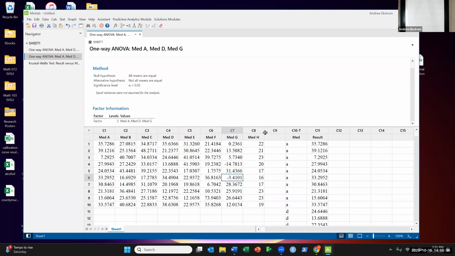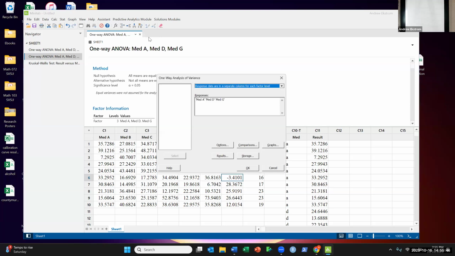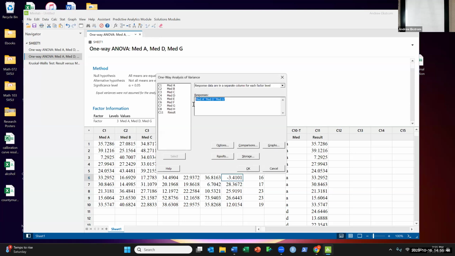Now, when we're doing these types of ANOVA things, I'm going to go back to stat, back to ANOVA. We're going to do a one-way ANOVA here. And instead of looking at just those three medications, let's look at all of them and see what happens. So you can highlight all of them.